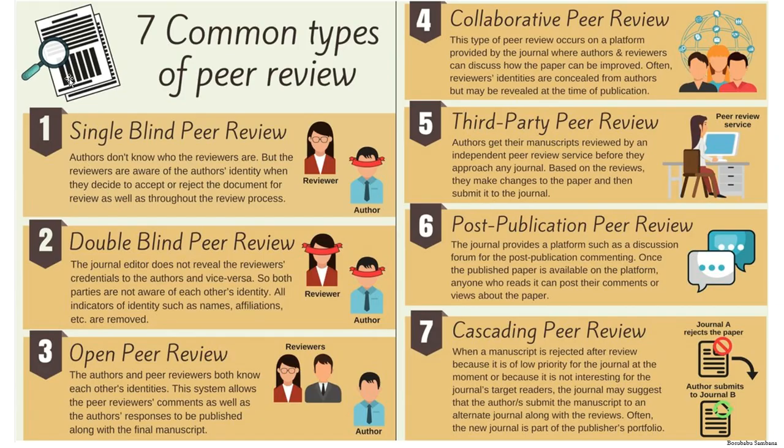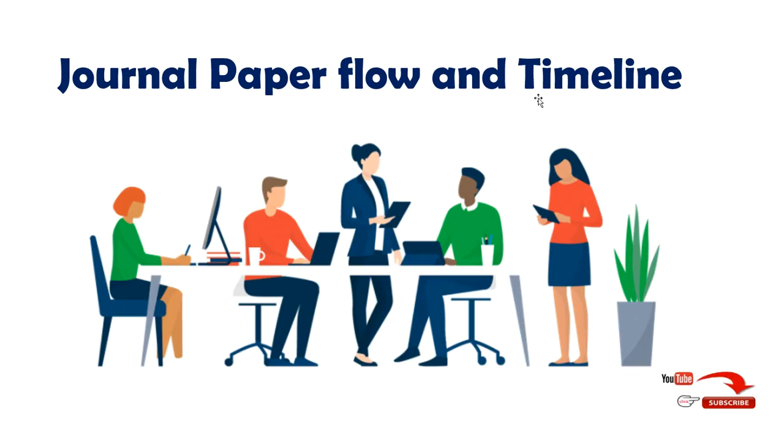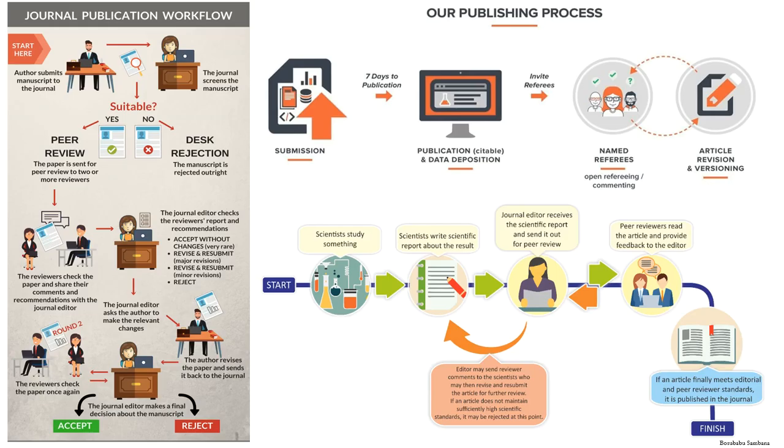Generally, you know that there are 7 types of review process. Okay, finally, in this video you have a clear idea about the journal paper flow and timeline. The main thing is the journal publication workflow, how it works from the start until the publication process.